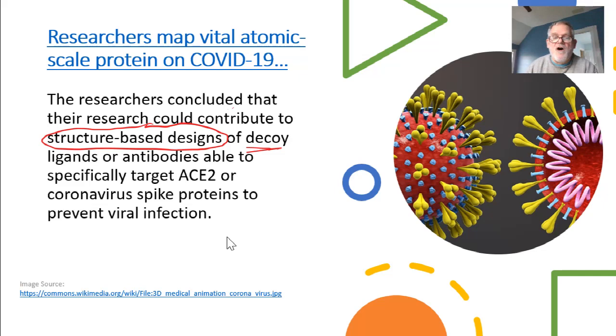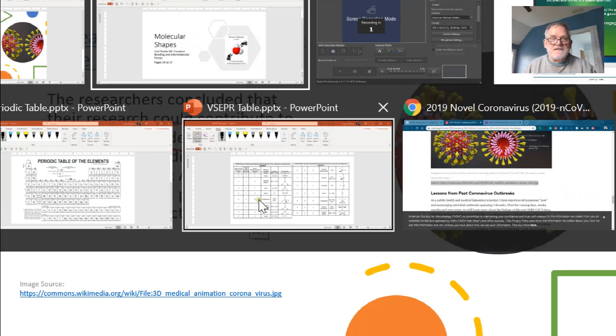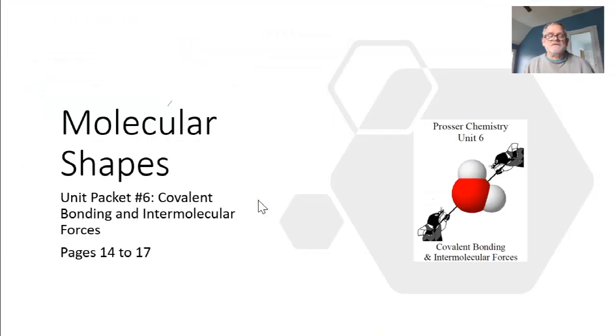All of this work is based on determining the structure of molecular objects at the atomic level, at the molecular level. So fascinating. And that is why we want to determine molecular shapes.